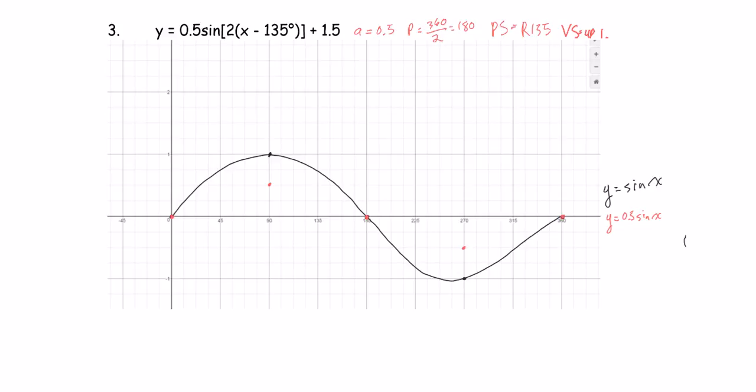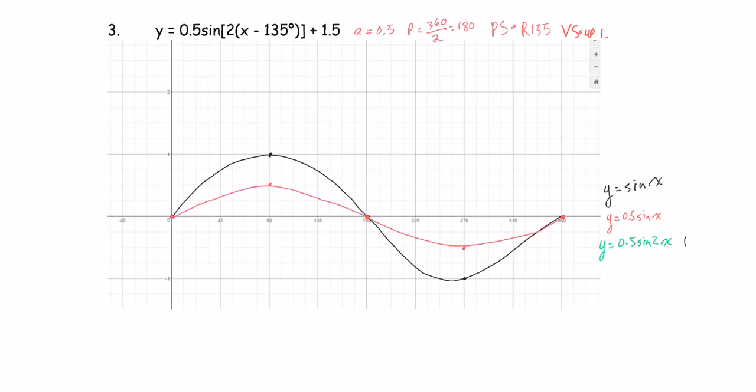So now what we have to do is graph our sine curve. So the next graph we're going to draw is this nice green one. And the equation for this graph is 0.5 sine of 2x. Now remember, we calculated our new period to be exactly 1/2.